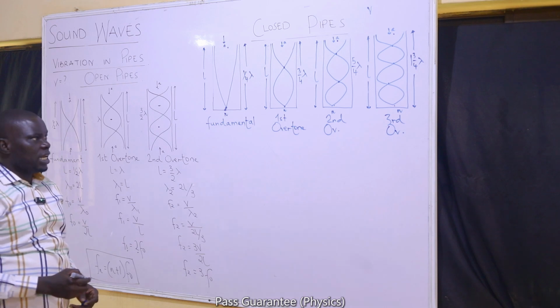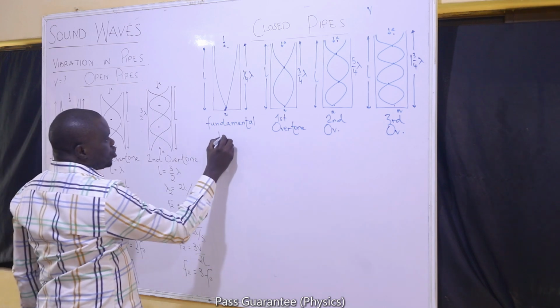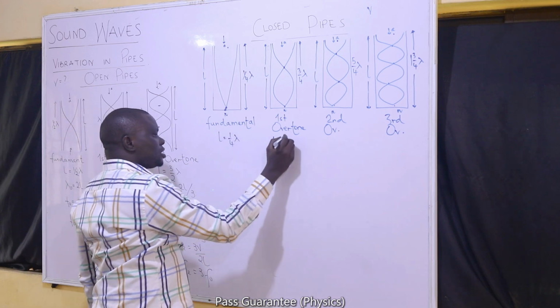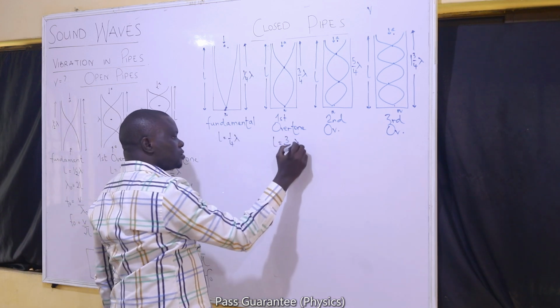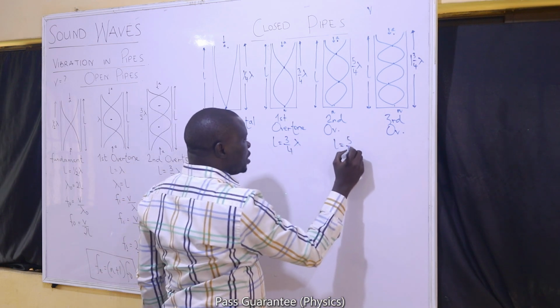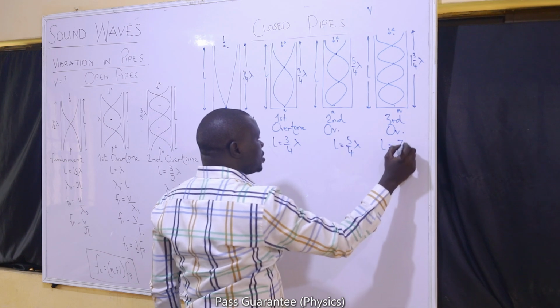Let me express the length in terms of the wavelength. L in this case will be 1/4 wavelength. L in this case is 3/4 wavelength. L in this case is 5/4 wavelength. L in this case will be 7/4 wavelength.